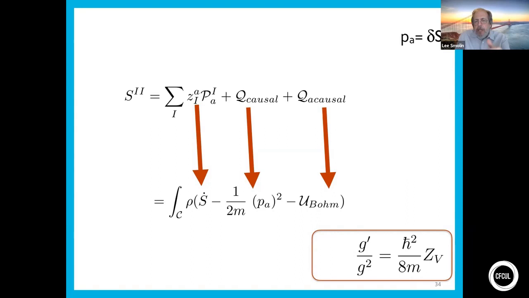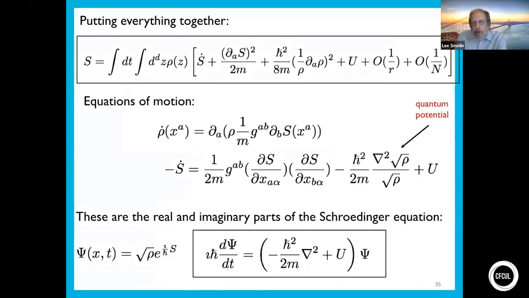The kinetic energy goes into the p squared, which is the gradient of a phase squared. The potential energy goes into the Bohmian potential. And the role of the Lagrange multiplier creates the symplectic structure, in other words, the structure of rho S star. And that, as I'm sure many of you know better than me, generates, when you vary it, the real and imaginary parts of the Schrodinger equation. So I think that's a step that will be very familiar to people.